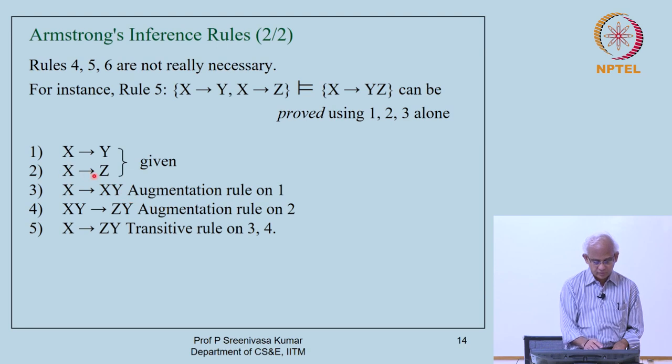Now, take the other one, x determines z, and augment it with y: xy determines zy. Now that you have x determines xy and xy determines zy, use the transitive rule and you will get x determines zy or yz. It does not matter whether you write it yz or zy because union is commutative.